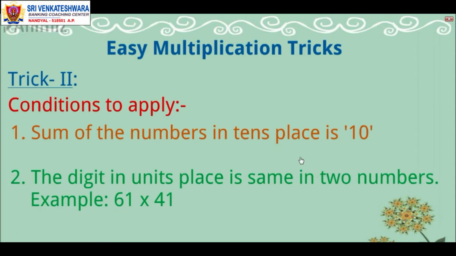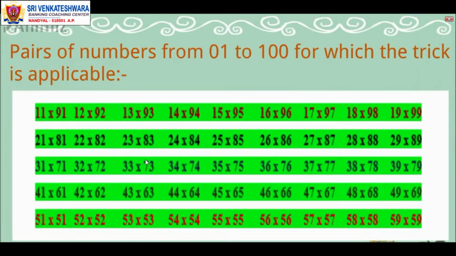Let us move on to the possible pairs from 1 to 100. You can apply this trick for all these pairs. Wherever you see the digits in units place are the same, so it is 3 and 3, 4 and 4, 5 and 5, 6 and 6, 7 and 7.